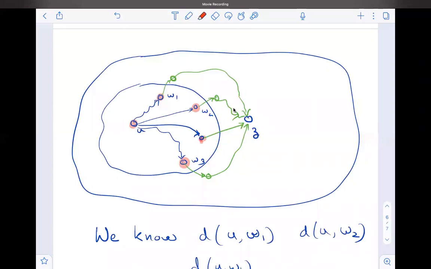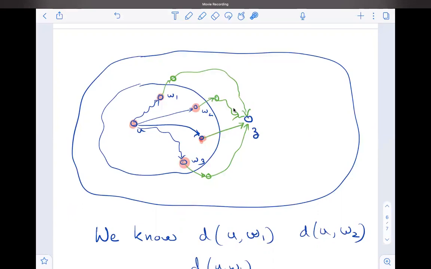So now, do I know how to compute the shortest path between U and Z? Actually not, because I don't know the shortest path between U and this vertex, and U and this vertex. But I know the shortest path between U and this vertex.